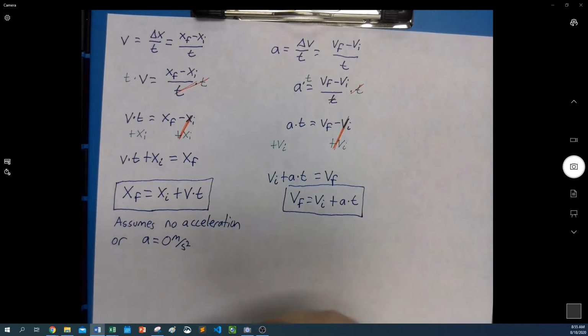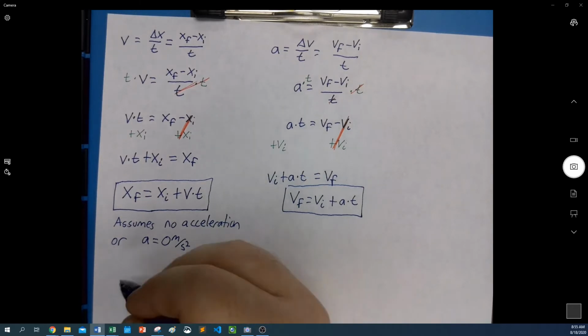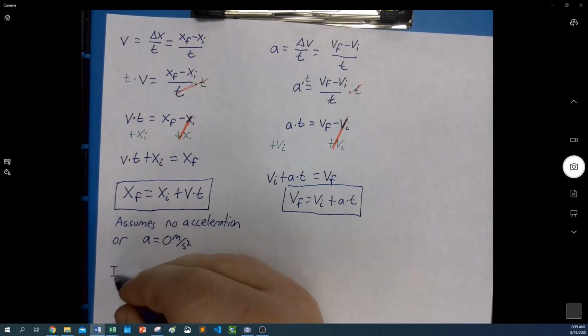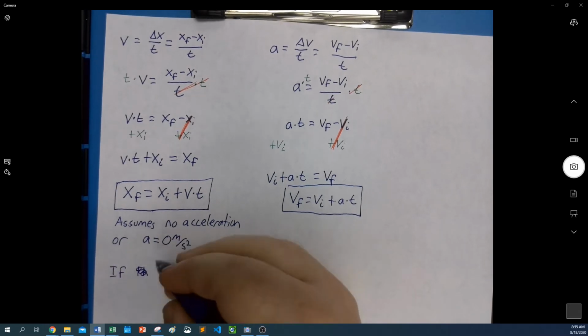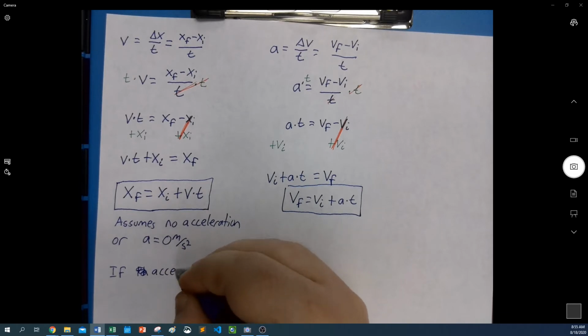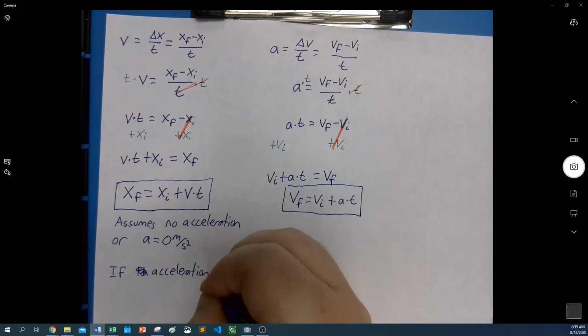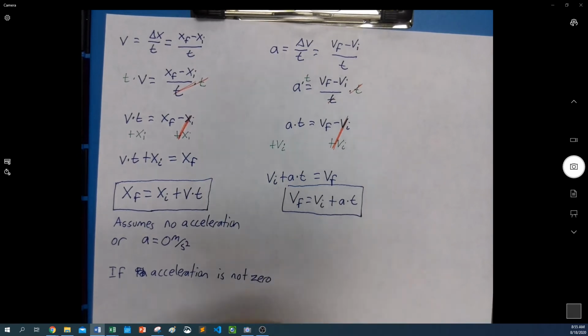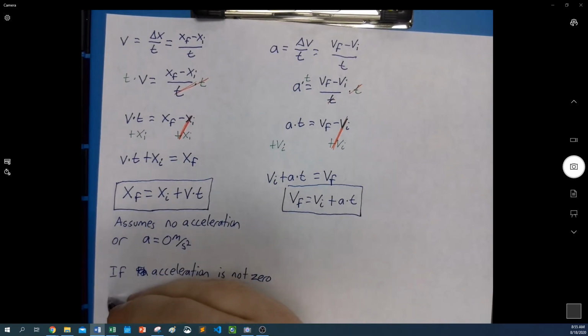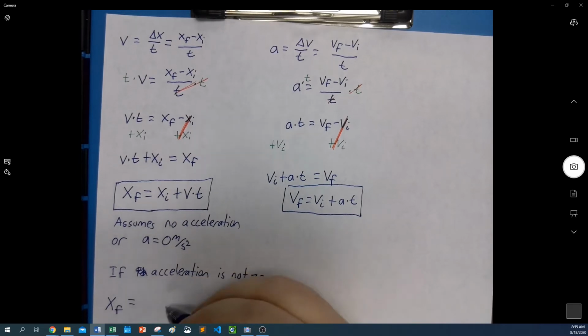So, if there is acceleration, a is not 0, this equation will expand into xf.